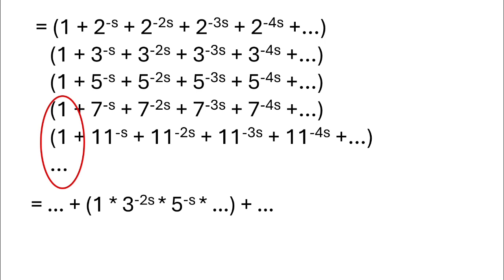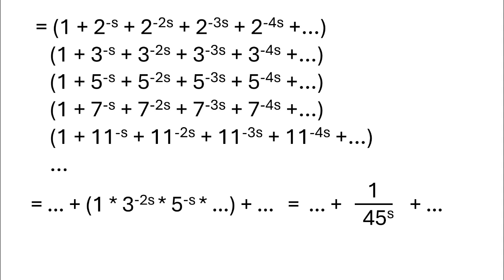And to keep it simple, let's just take all 1s from there and see what we've got. What we're left with is 1 times 3 to the negative 2s times 5 to the negative s, which if you work it out is 1 over 45 to the s. So that's one term coming out of this infinite array product thing.